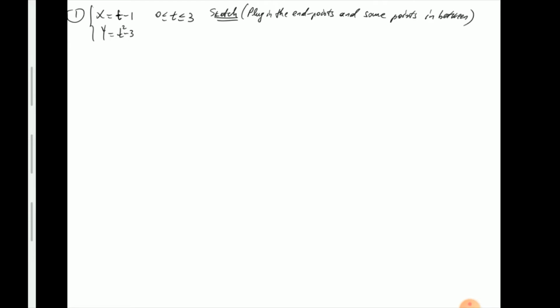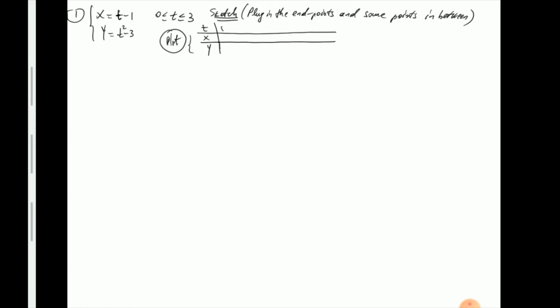And it's best in the beginning to do a table and make sure you don't confuse the parameter values with the actual values of the x and the y coordinate, because obviously what you plot to get the sketch of that curve are the values of x and y corresponding to these parameter values.